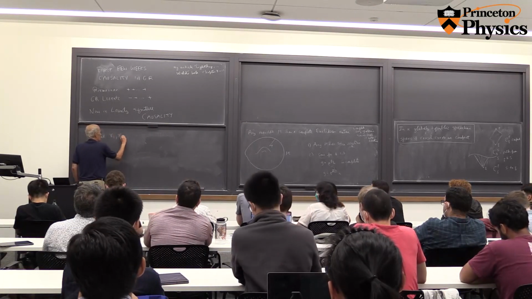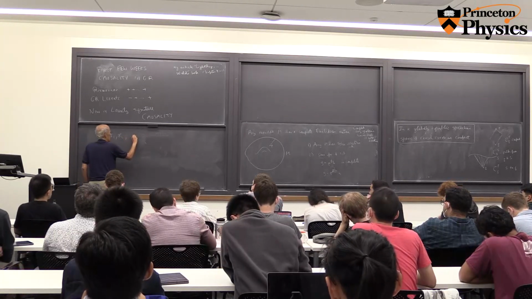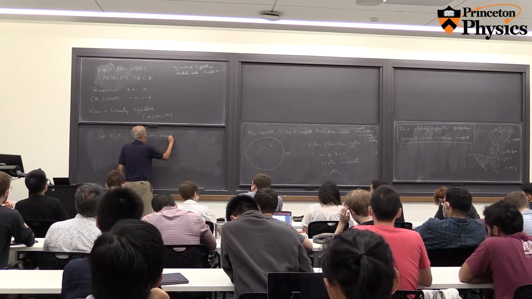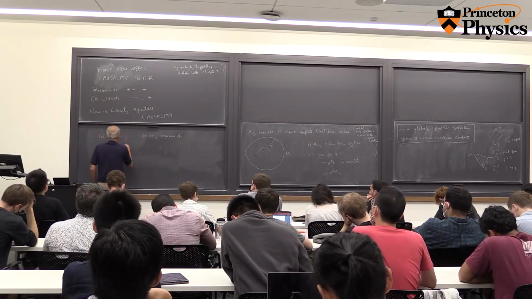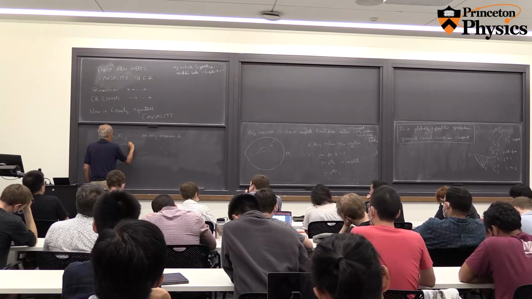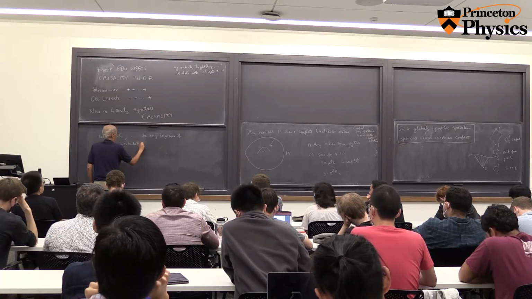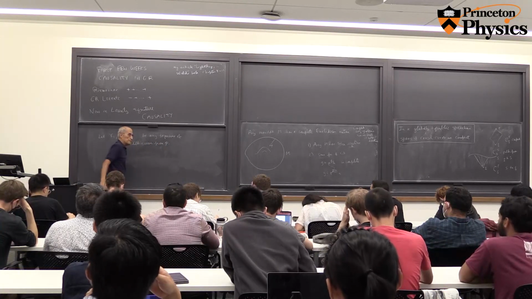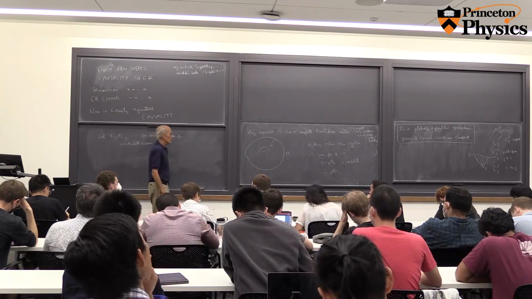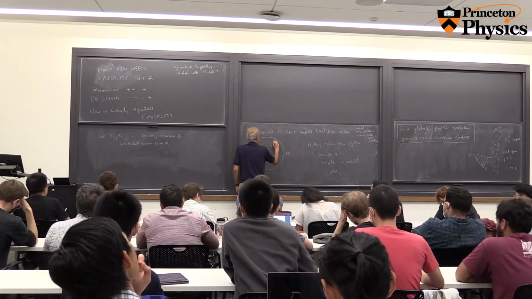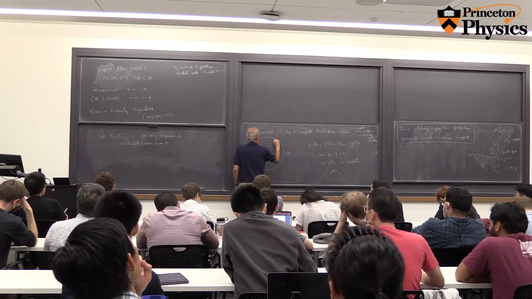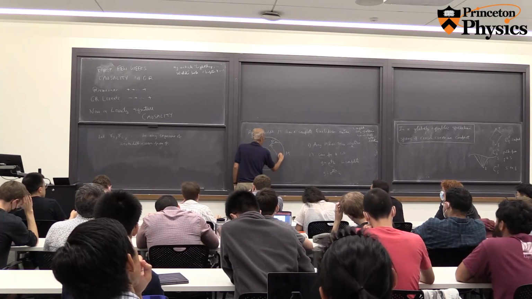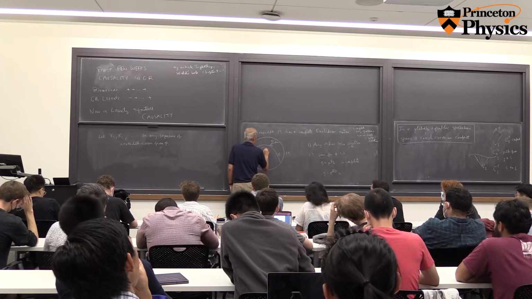Let gamma 1, gamma 2, and so on be any sequence of inextendable curves that all start at the same point P. So here's gamma 1, here's gamma 2, here's gamma 3 and so on.